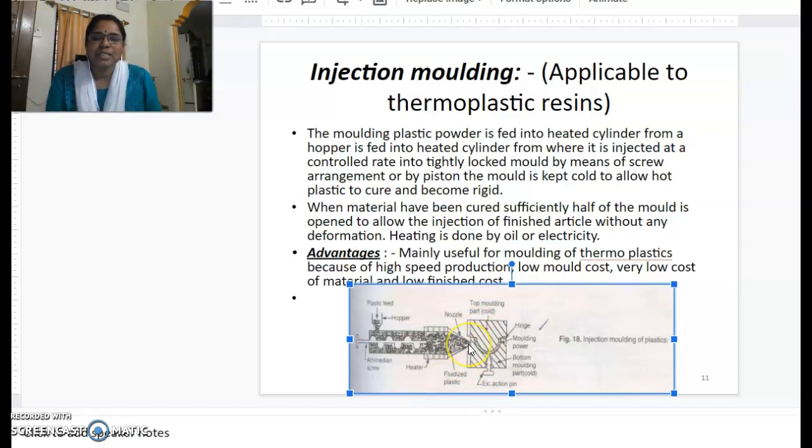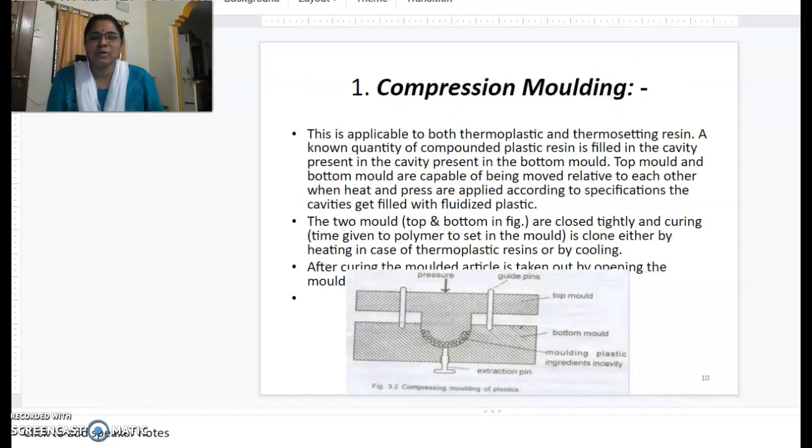At the nozzle, a small space is there, where the plastic is fluidized. Here a screw is there, which is called the Archimedean screw. If you press it, just like an injection, this fluidized plastic is going to enter into the cavity. This small part is similar to compression molding, isn't it?